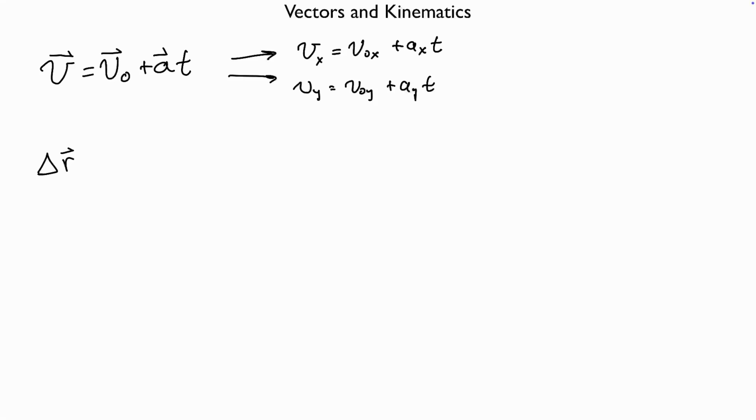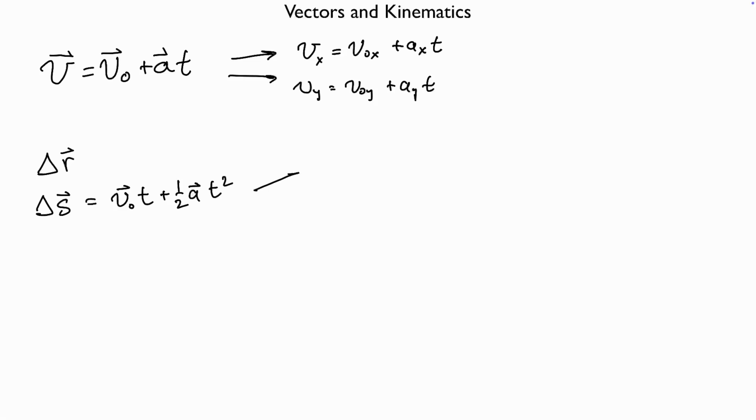So sometimes you'll see delta R. A lot of times across the world, outside the United States, you'll see delta S, where S is just, again, some sort of generic direction. It can mean X, Y, or Z. It kind of depends on the context, right? And then I've got my v naught t plus 1/2 a t squared. There's the vector version of it.